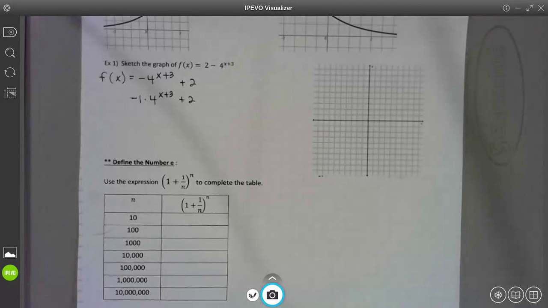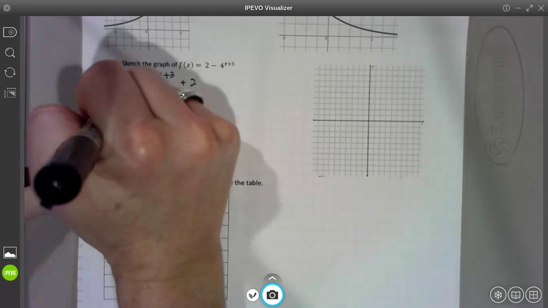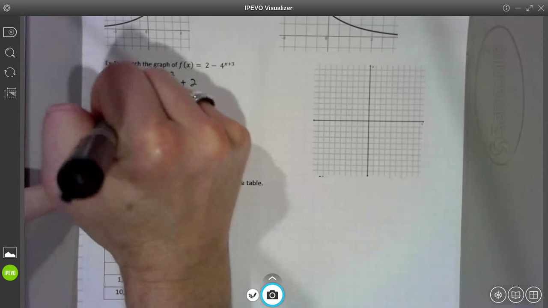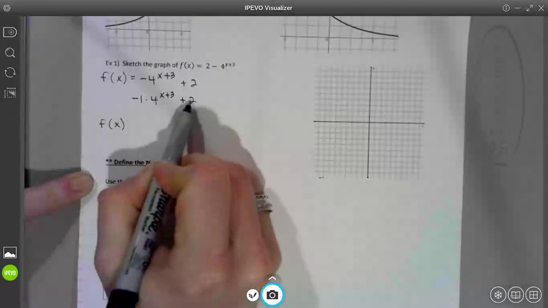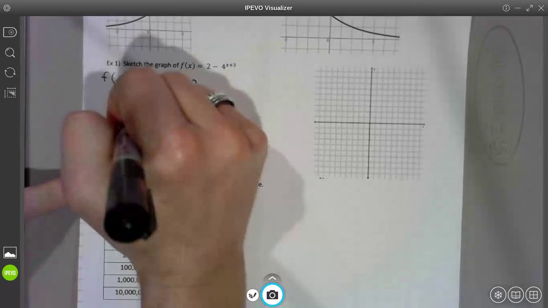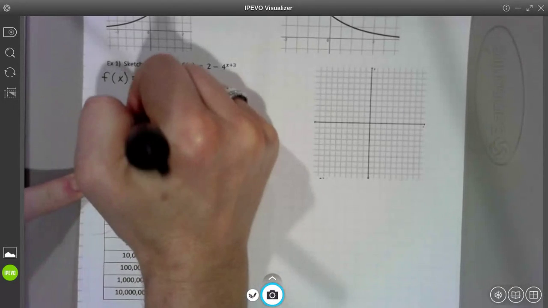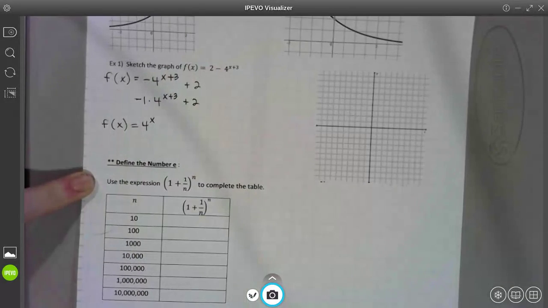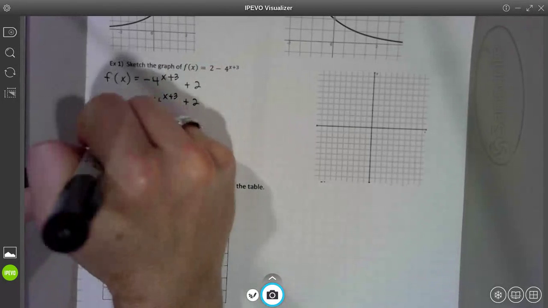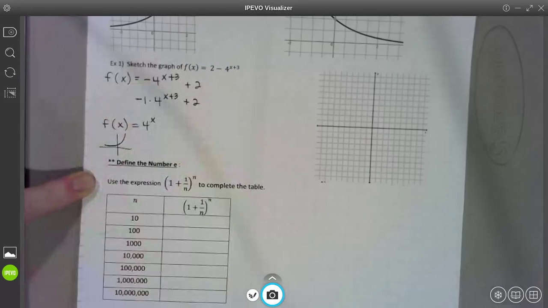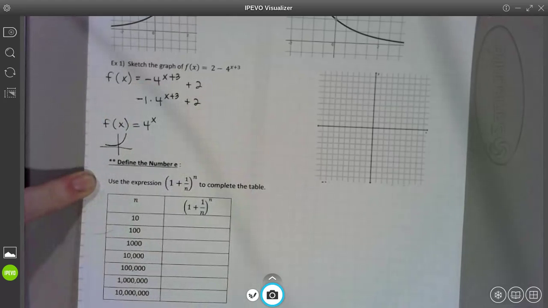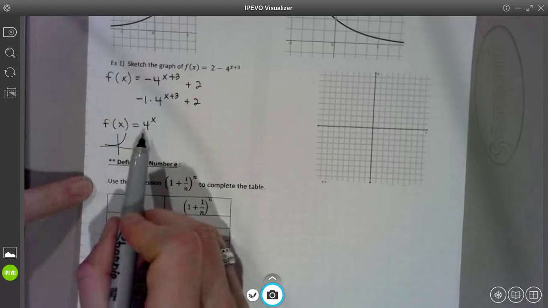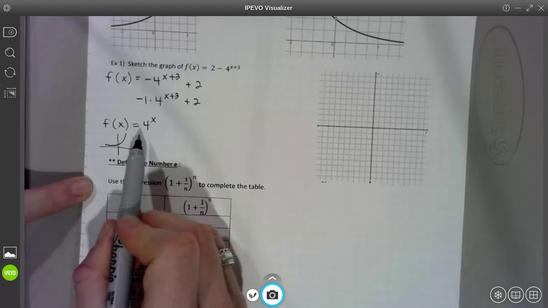All right, well, first of all, let's recognize the parent. Who's the simplest version of this exponential function? If you take all of those transformation changes to the equation away, you're just left with f of x equals 4 to the x, which is an exponential function that will show exponential growth because it has a base that is bigger than 1.